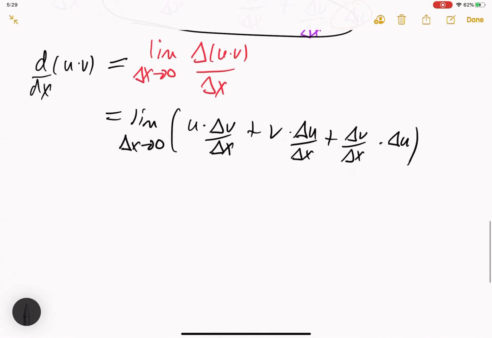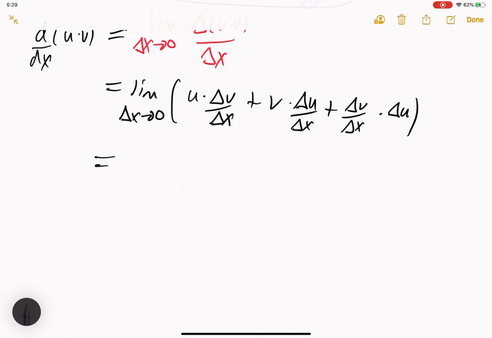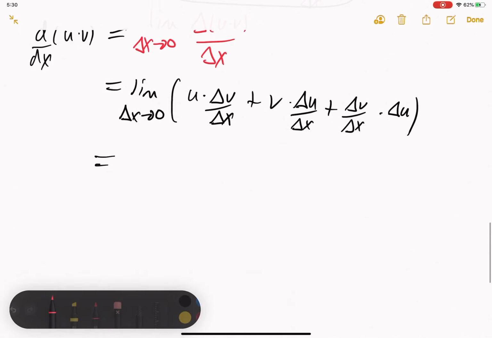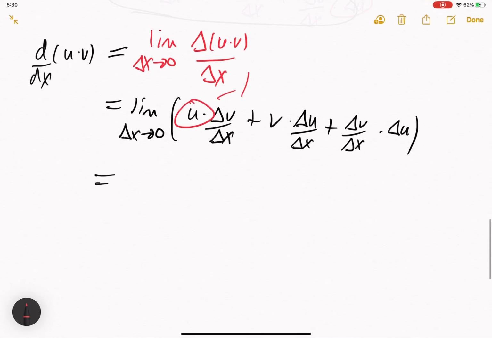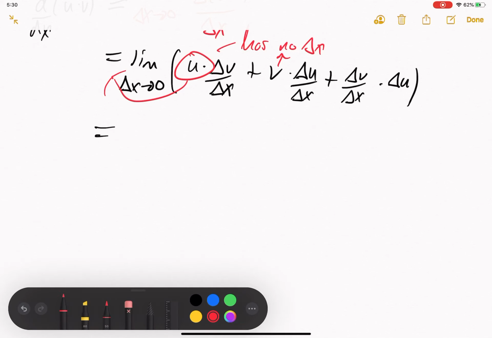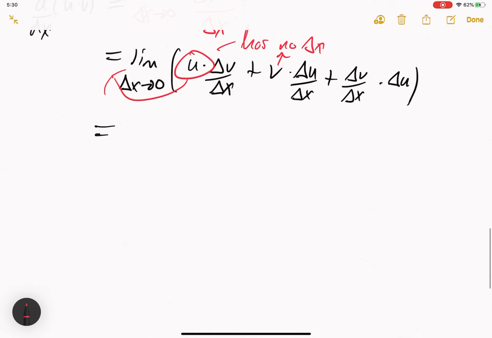And now I'm going to use the limit laws to break up the limits into all the individual pieces that we want. One of the things we should know: this u has no delta x. Same thing with that v. So we can just pull them out of the limits. When we use the limit laws to break up the limit over the sum, we can pull them out.